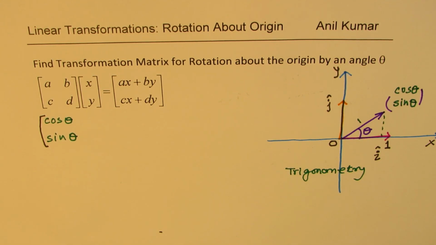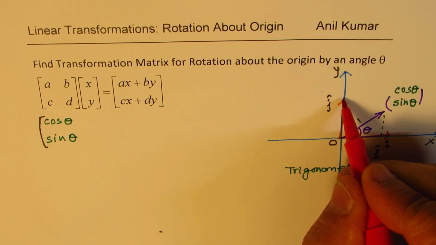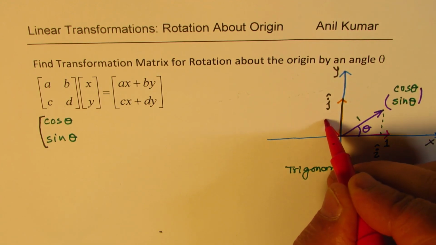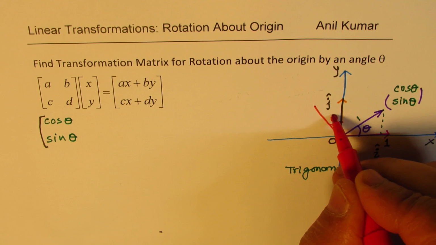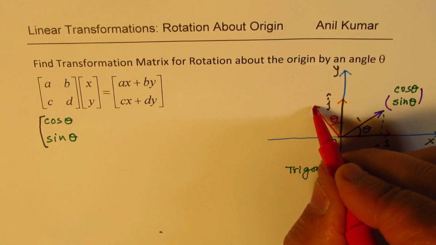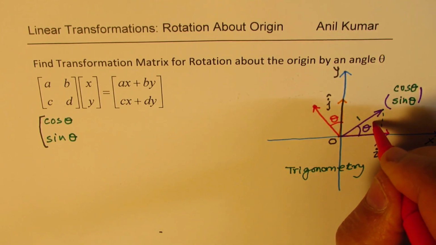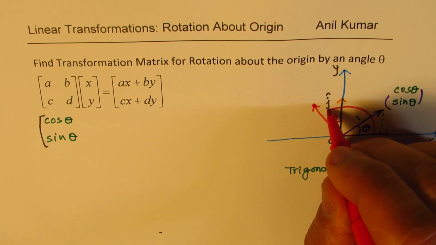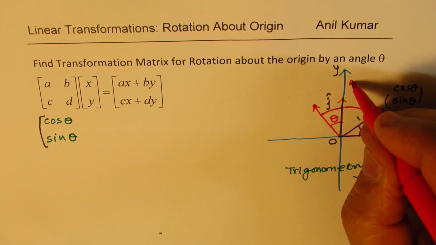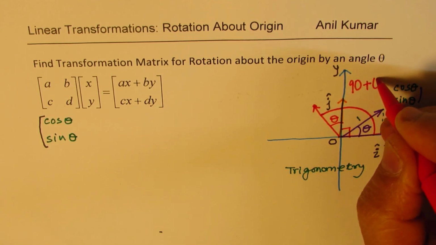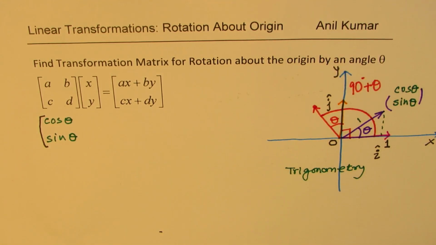Now, let's look into the other value, which is along the y, which I'm saying j cap. If I rotate that also through an angle of theta, then what is this new location? Well, if you look into this, this angle is that much, right? So it could be written as 90 degrees, which is this angle, plus theta. So it is that much of an angle.